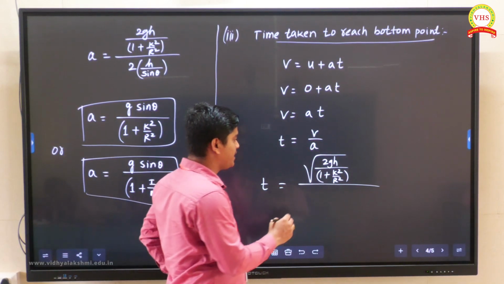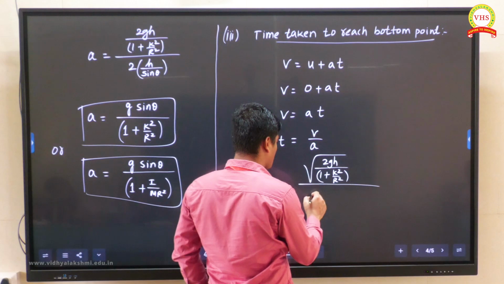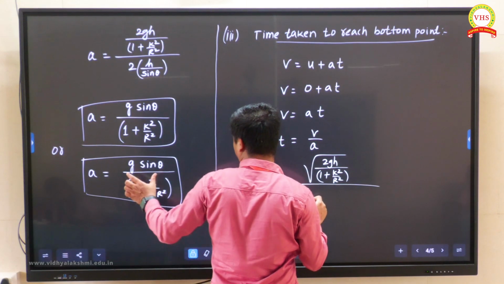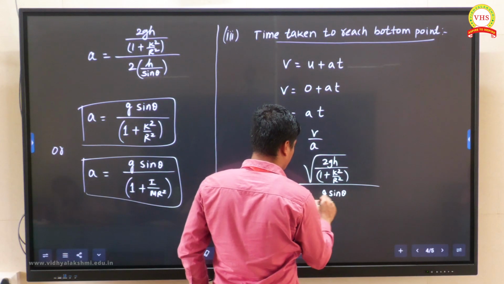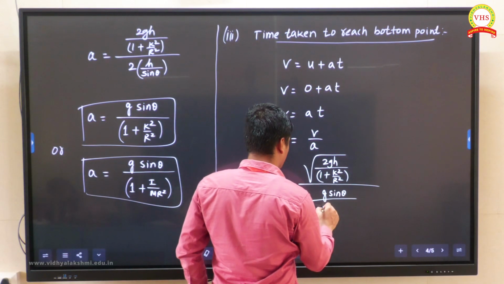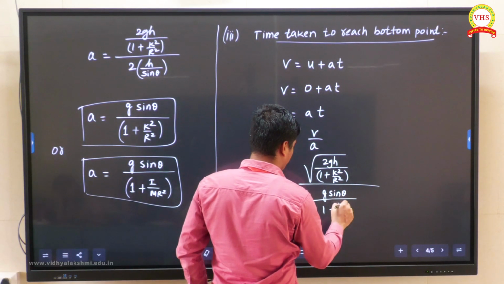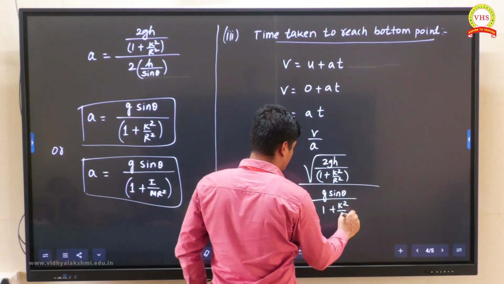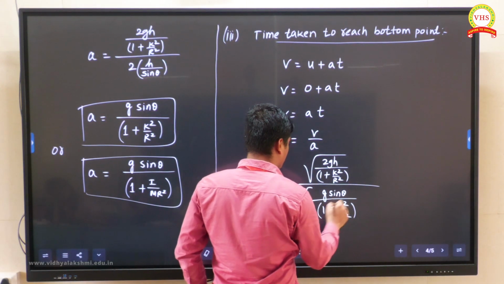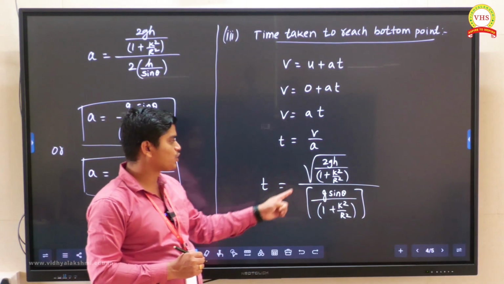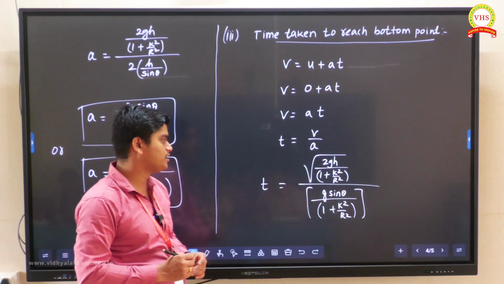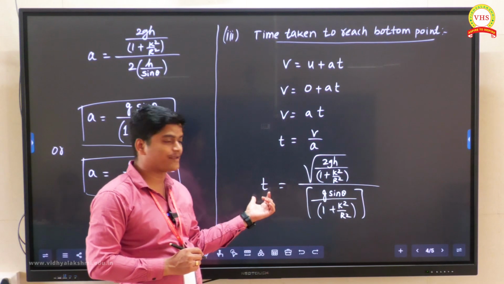What is a? a is basically calculated here, right? g sin theta divided by 1 plus the same thing, r square. Okay, no root is there. Now if we take this one and divide, we'll get certain things about time, right?